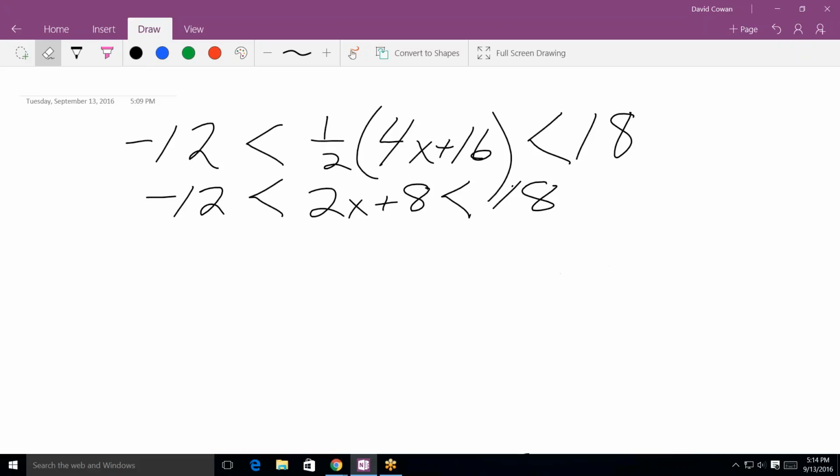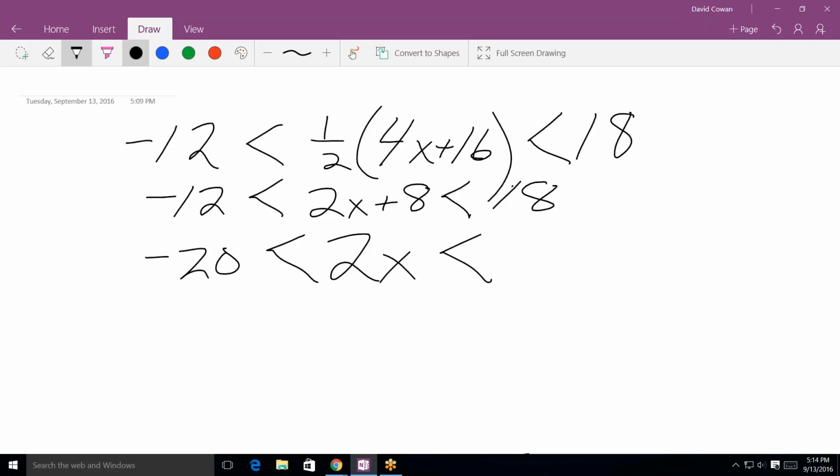In other words, when you have an inequality like this, I can treat it like a regular inequality that just has two sides to it. The first step I can do is subtract 8 from all three places. So that would give me minus 20. Now the 8's no longer in the middle, so there's just 2x.